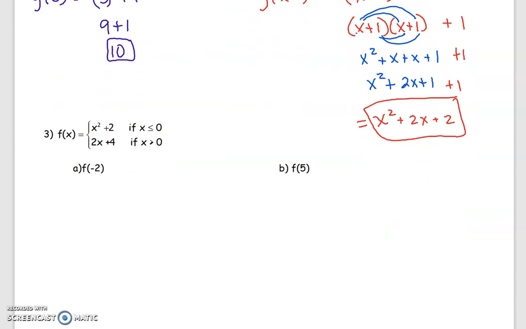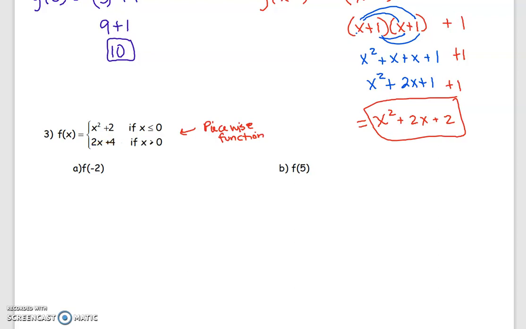So on this one, when we are looking at a piecewise, which we're going to look at those a little further into this unit. This is a piecewise function. When we have negative 2, is negative 2 greater than 0? No. So we're not going to plug it into that one.